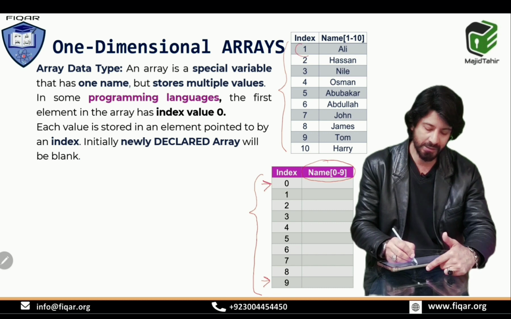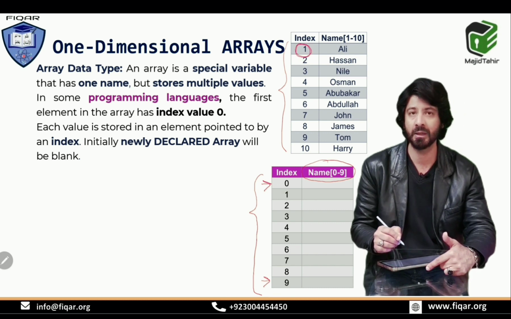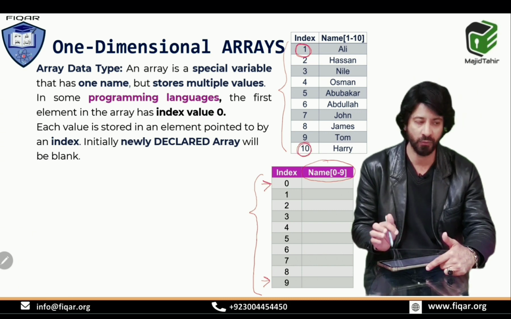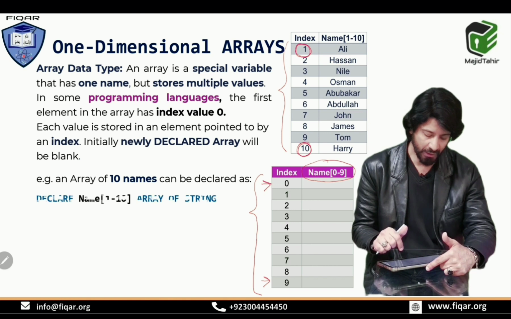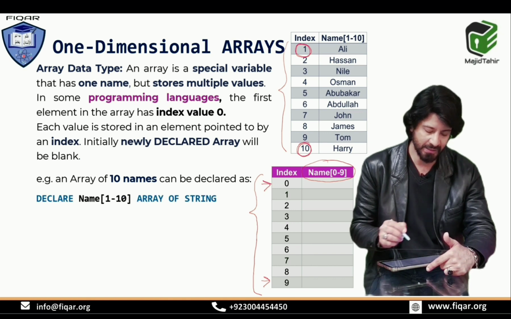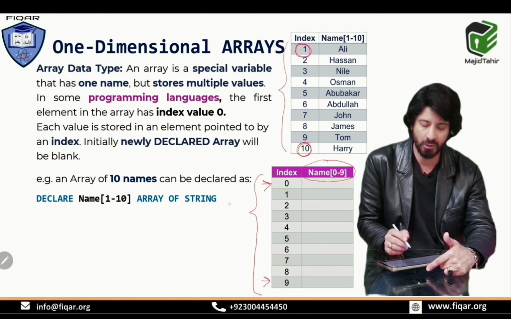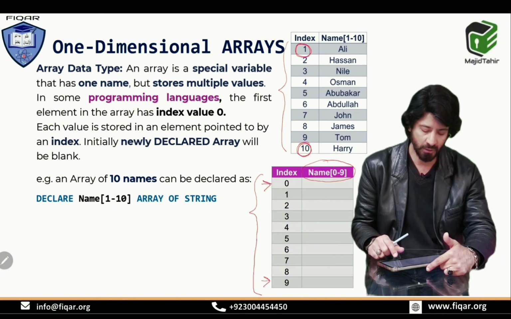1 is the lower bound, meaning the starting value of the array. 10 is the upper bound, which means it is the maximum value of the array. So an array of 10 names can be declared as DECLARE Name 1 to 10 ARRAY OF STRING. This is also a declaration of an array in pseudocode.